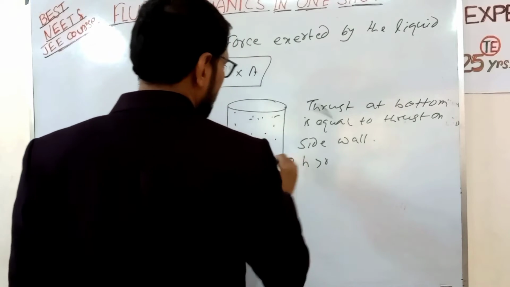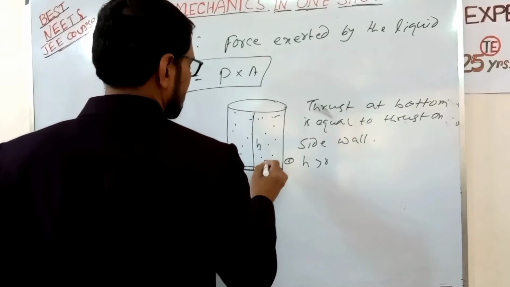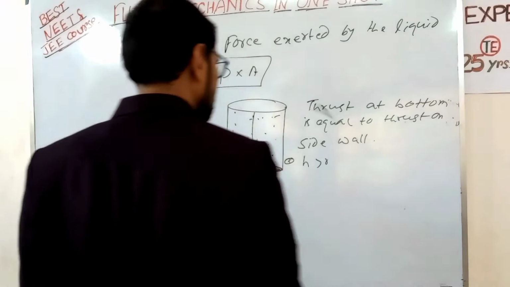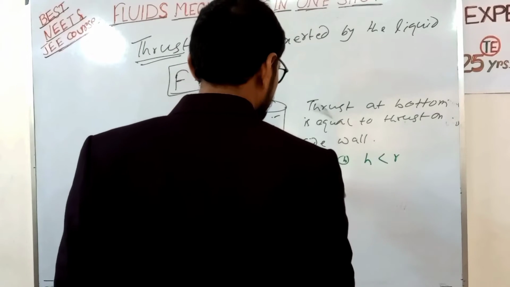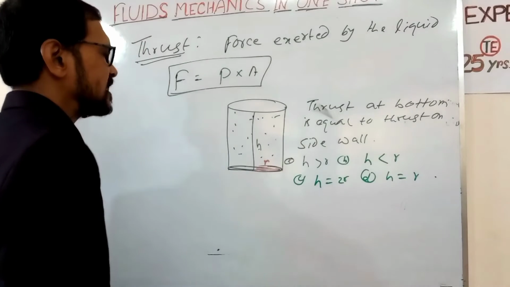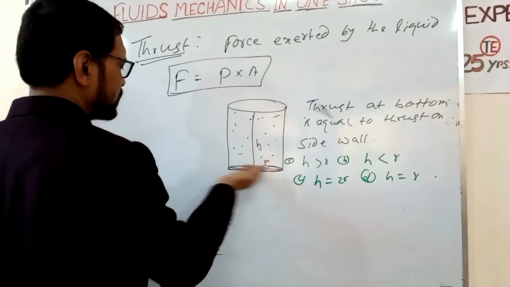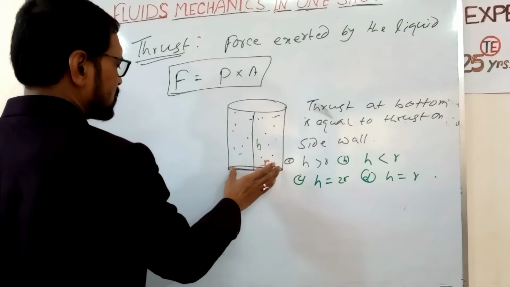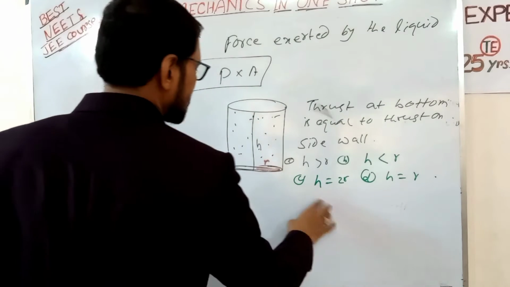Option 2: h less than r. Option 3: h equal to 2r. Option 4: h equal to r. Which option is correct?